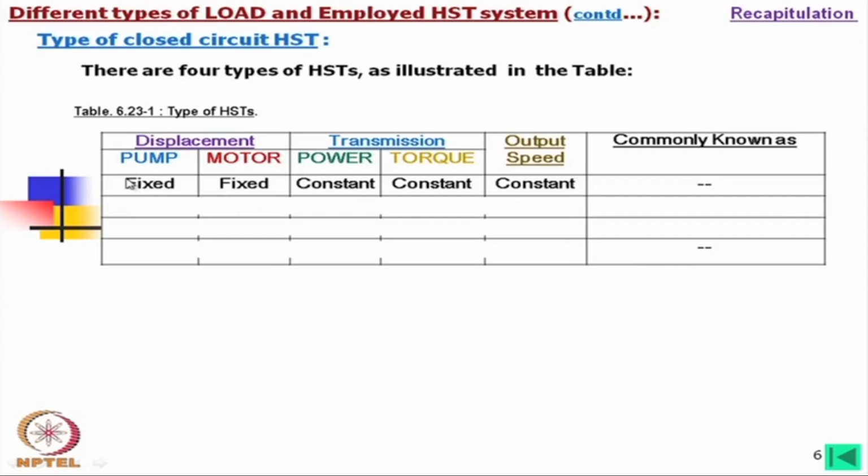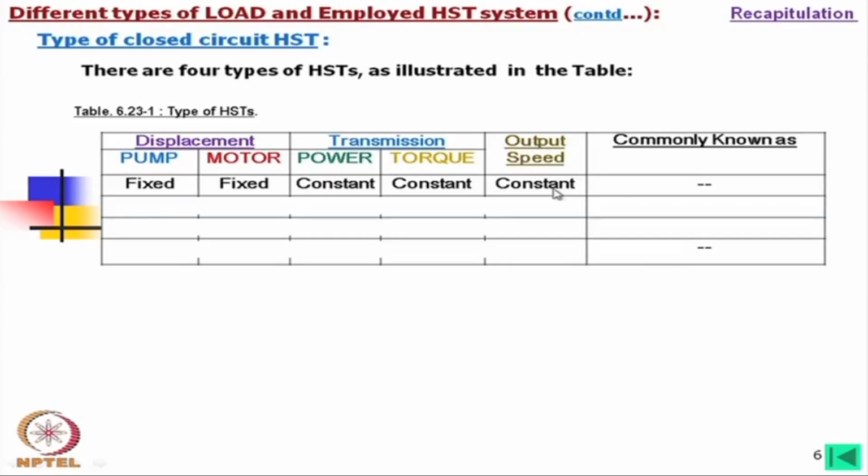Now, if that remains fixed, in that case we call it fixed displacement. Again, with some mechanism it can be varied, that means in a revolution the total displacement will vary, and we call them variable displacement. So, here we now understand what fixed displacement is. We have a fixed displacement pump and a fixed displacement motor. So, power in that case will be constant, and torque will also be constant. Obviously, this is for a constant pressure.